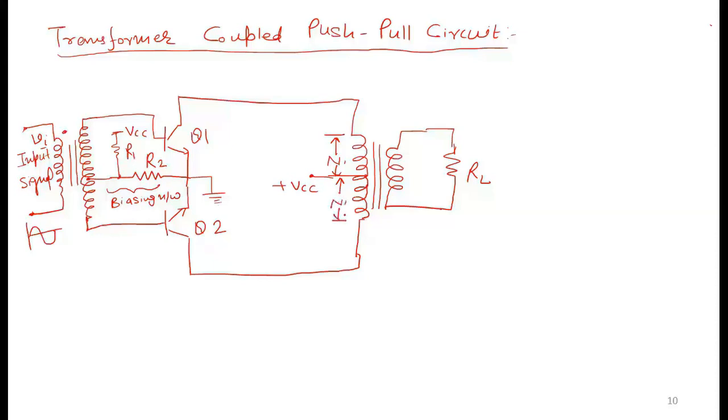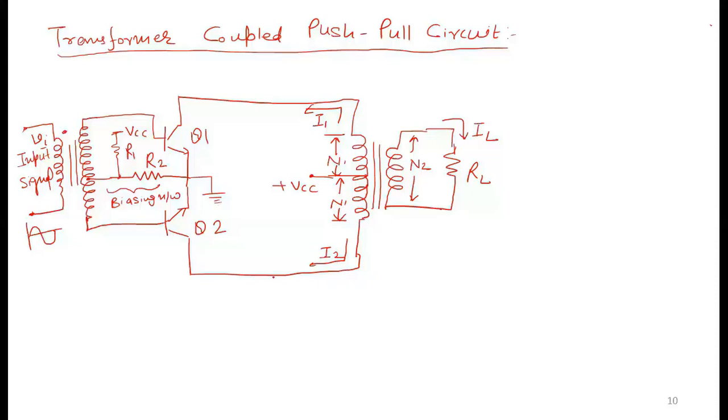This is the exact center tap transformer, and here it is the N2. In this direction the load current will flow. Here we will have the current I1 which will flow due to transistor Q1, and here we have the current I2 which will flow due to transistor Q2.